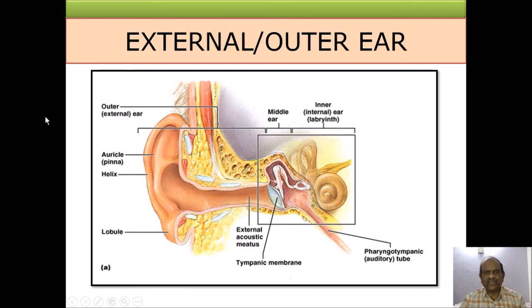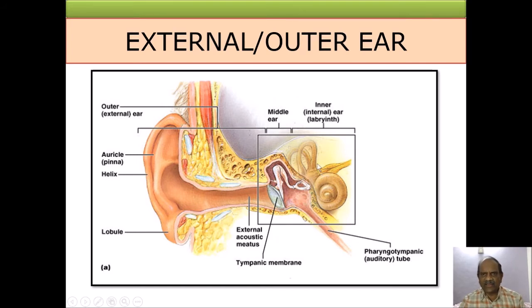It shows here the three divisions of the ear that I have mentioned. Up to this part it is called the outer or external ear. This part is called the middle ear, and in the innermost part there are two important things. What you observe is this coil portion, which we call the cochlea.